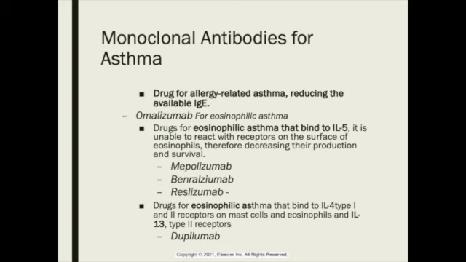It's also going to work on interleukin 13. And again, this is going to cause inhibition of eosinophil apoptosis, induction of eosinophil chemotaxis, and all of this will be hindered, meaning that asthma that's triggered by eosinophils will be stopped when using this medication.